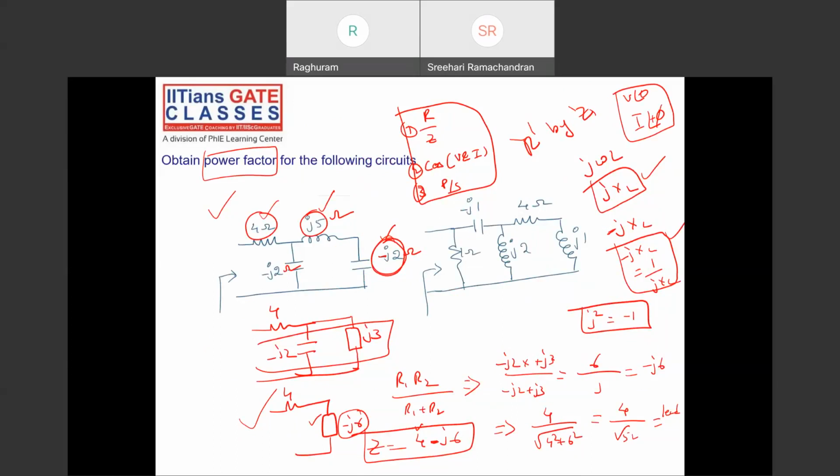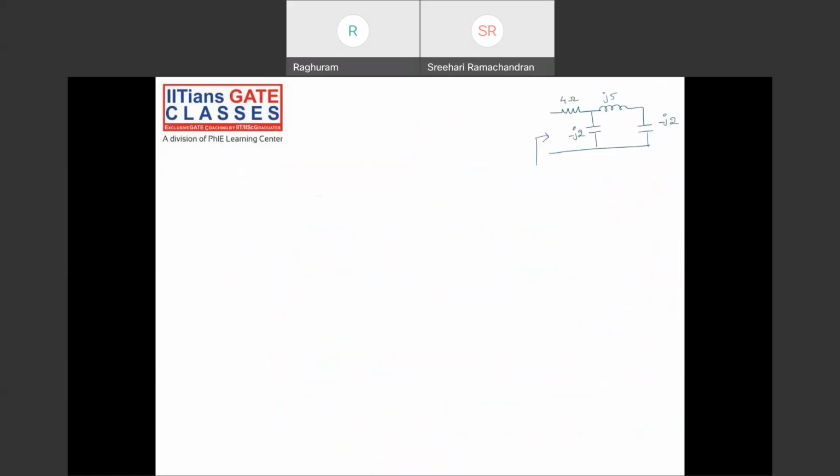Shall I repeat? Am I going fast? No, clear, clear. This is how you have to do the calculation for power factors. Similar problems take a bit of time.